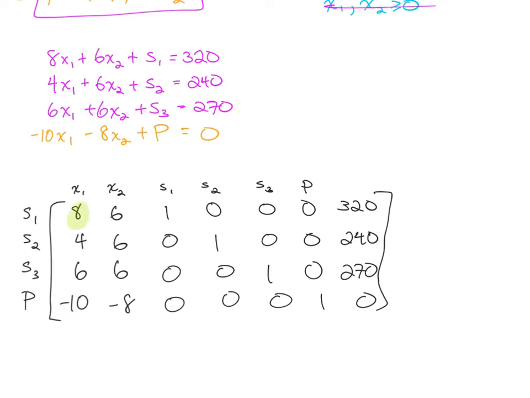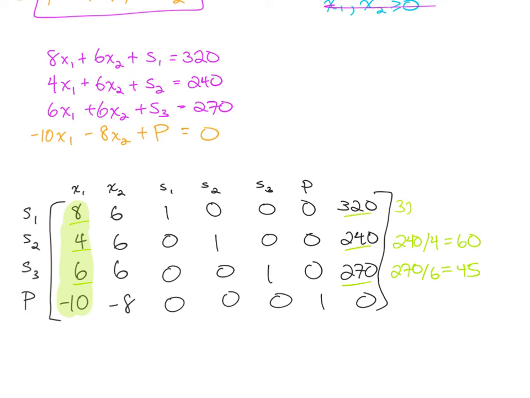So I'm looking at this column here. And we just have to go through and figure out the divisions of the ending numbers divided by the numbers in that column. So 270 divided by 6 is 45. 240 divided by 4 is 60.